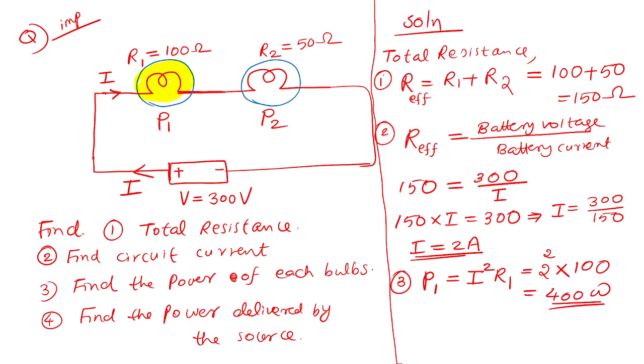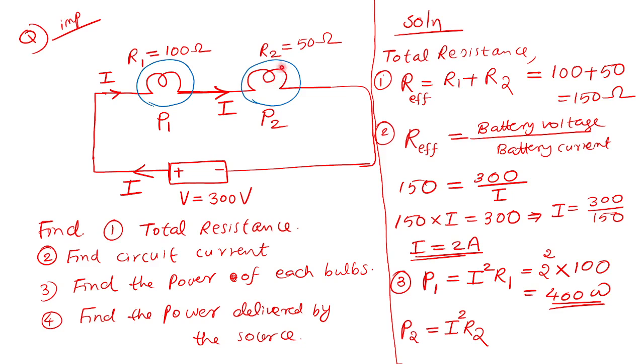The next is P2, the power of the second bulb, I square R2, because the power of the second bulb will be I square into its resistance. They are in series, so the same amount of current is passing through each bulb.